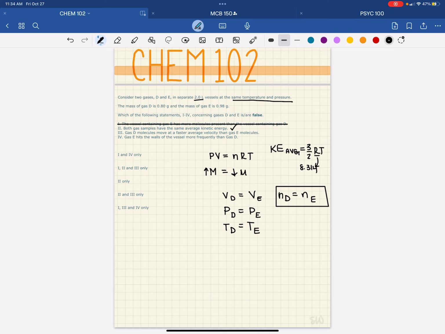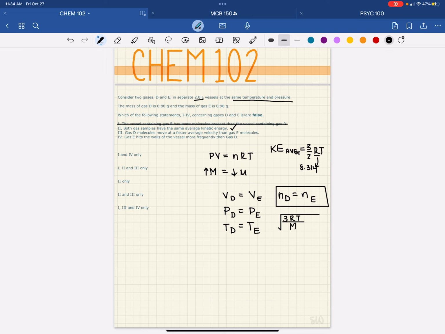Statement 3: gas D moves at a faster average velocity than gas E molecules. We know that as the mass of a substance increases, the speed, or velocity in this case, of the substance decreases, due to the formula: square root of 3RT over mass in kilograms equals velocity.